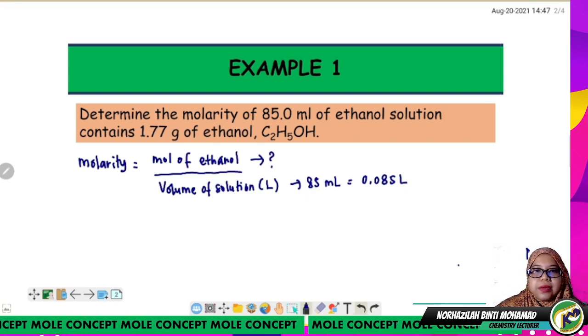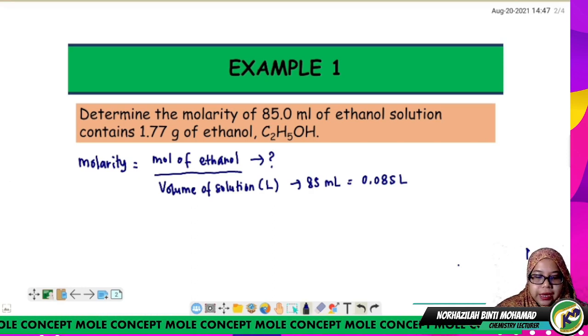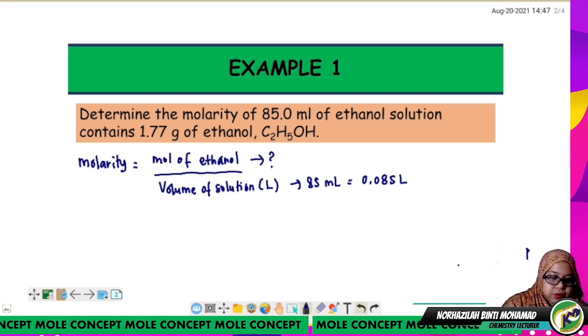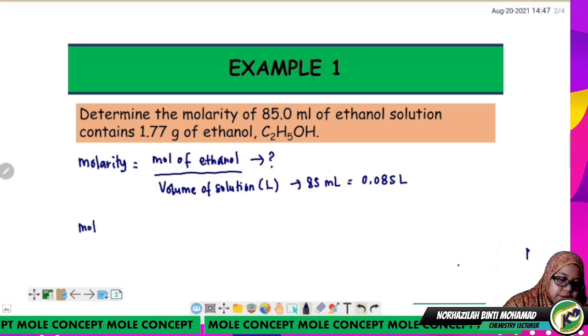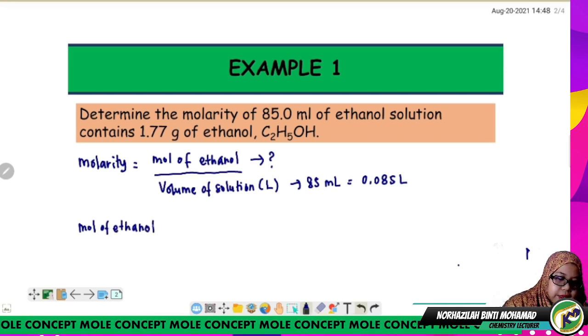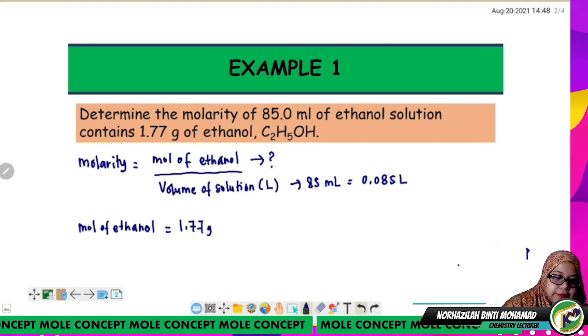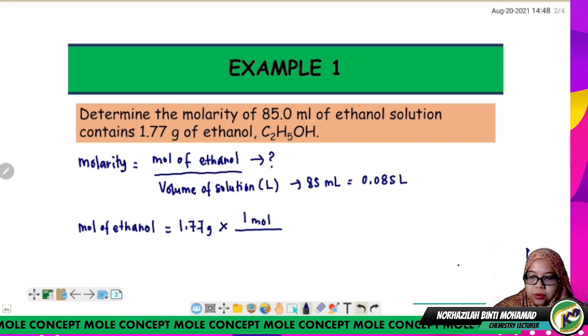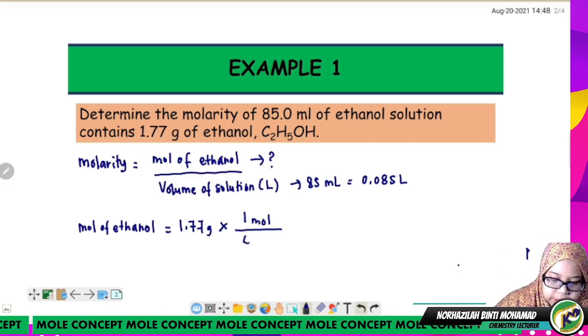The moles of ethanol are not given in the question. What is given is 1.77 gram of ethanol, so we can calculate the moles of ethanol from the mass of ethanol. Moles of ethanol equals 1.77 grams times 1 mole of ethanol per 46 grams.